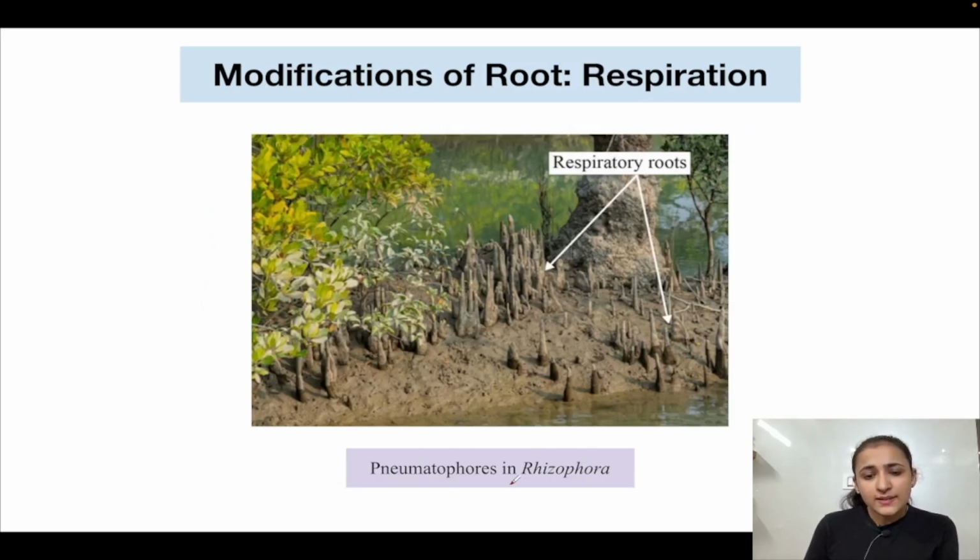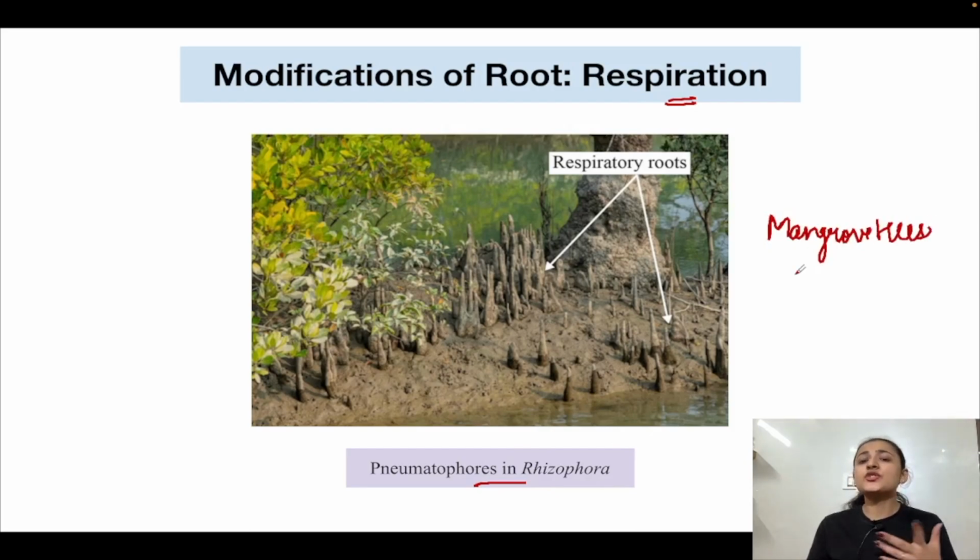Now, let us look at modifications of root for respiration. Now, rhizophora, here the example that is being represented is pneumatophores in rhizophora. Now, rhizophora is nothing but a genus of mangrove trees. Okay, mangrove trees. Mangrove trees are those which grow in swampy areas, okay, very wet areas, which are salty areas.